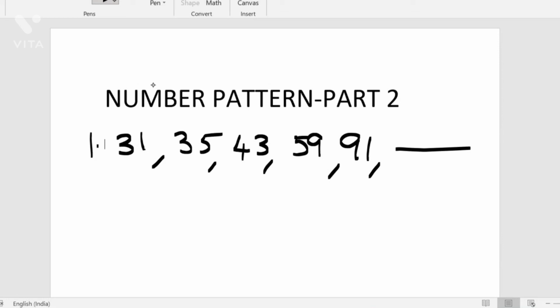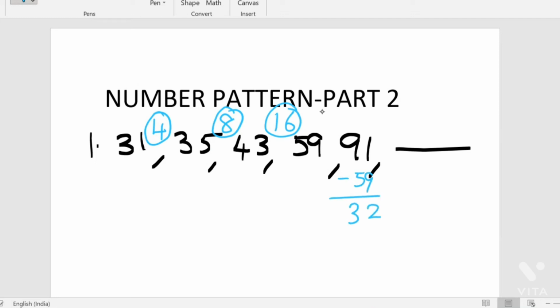The difference is 4. 35 to 43, the difference is 8. 43 to 59, the difference is 16. 59 to 91, what is the difference? It is 32. So now it is understood what is the relation between the first and second number, second and third, third and fourth, fourth and fifth.